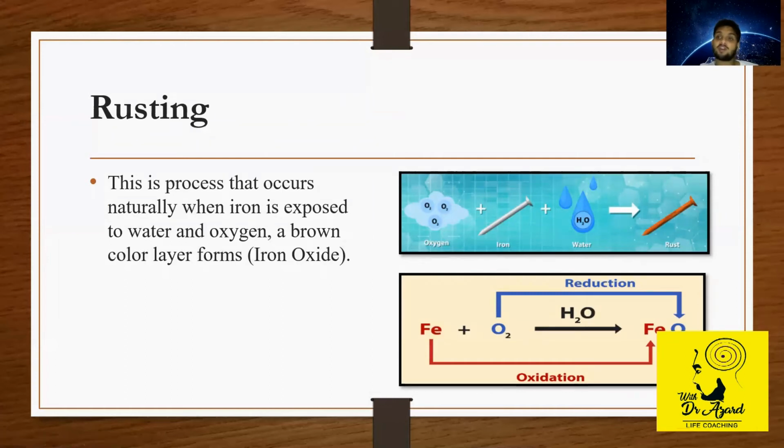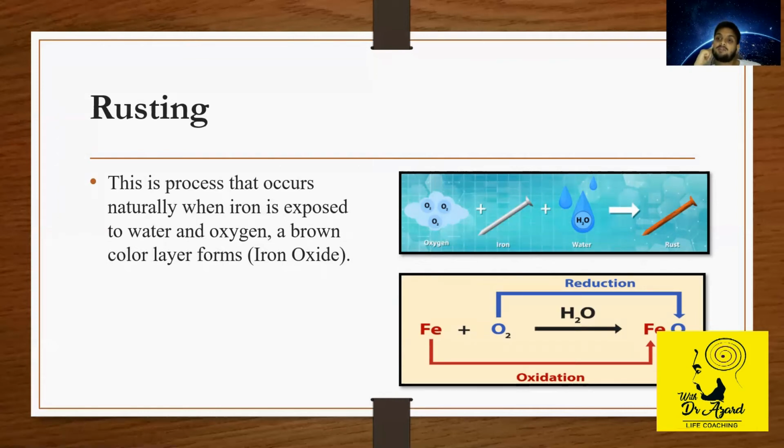This is a process called rusting. Rusting is basically a process that you must all have seen. Metals, most specifically iron, will develop a rough brown colored surface. So why does this happen? There is a chemical reaction that happens.